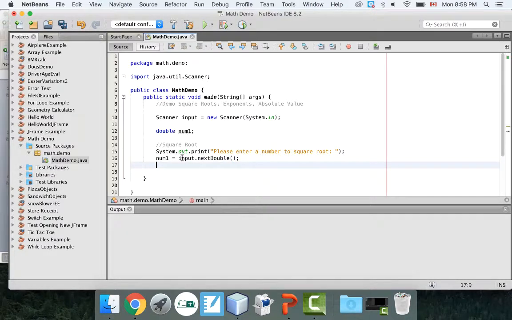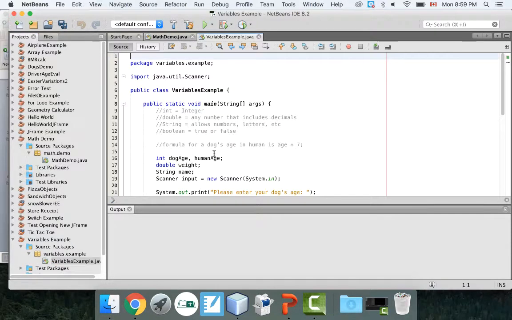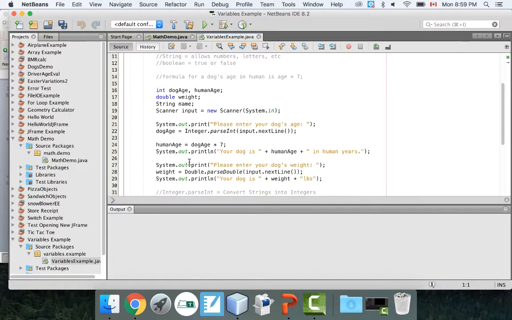There we go. This will be fine because in a previous video I had to switch these all into input.nextLine and I had to convert them. Because I'm only going to be working with numbers in this case, it's not really an issue if I keep using nextDouble. So it should be fine. If it does act up, then I may have to go back, as in a previous example I did, where I had to switch everything and make it Double.parseDouble of input.nextLine.